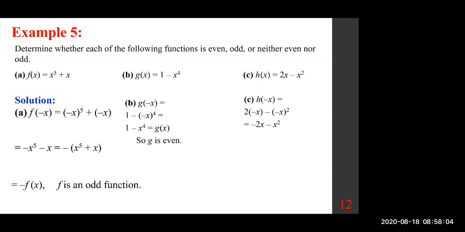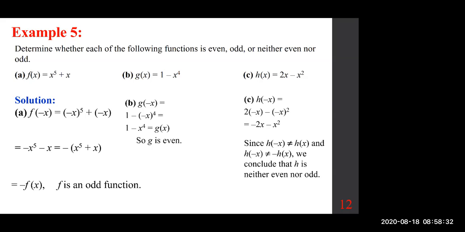So it's not an odd function either. So it's important to see what's going on here. Odd, even, or neither. Generally speaking, when it's a combination of the two, it's neither.